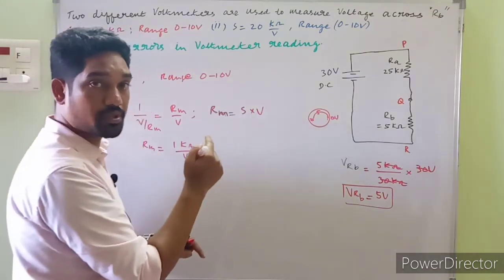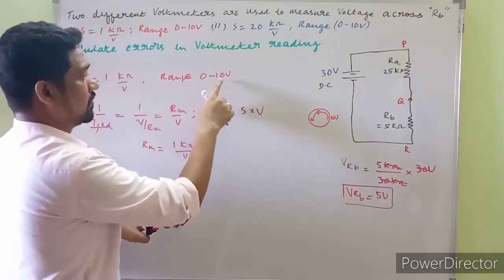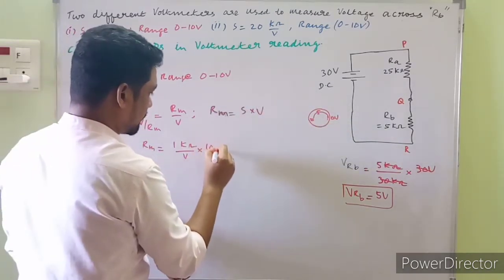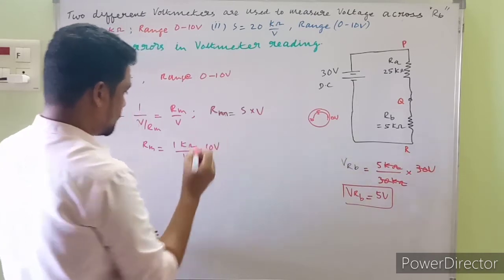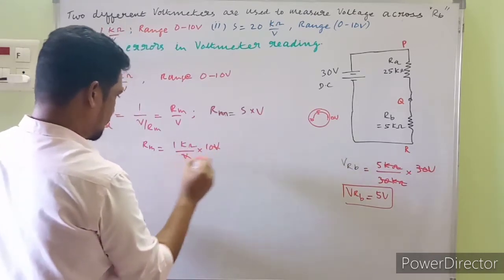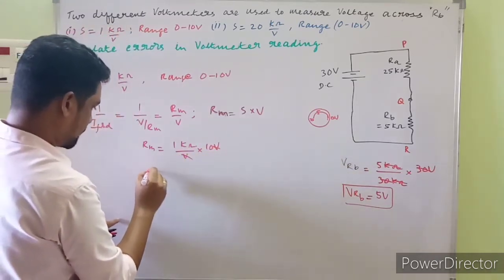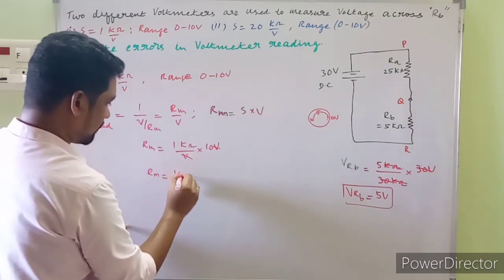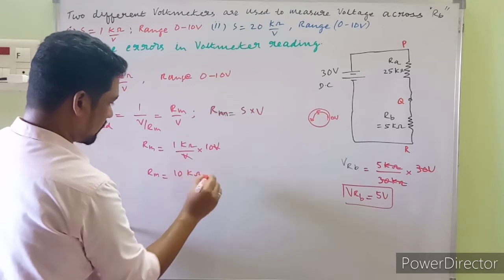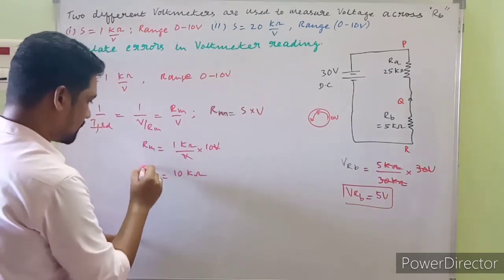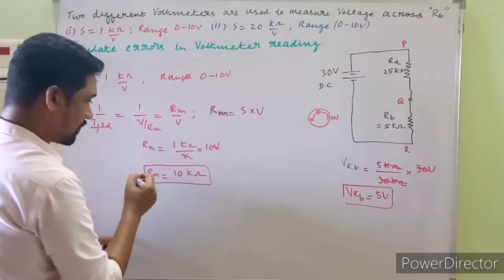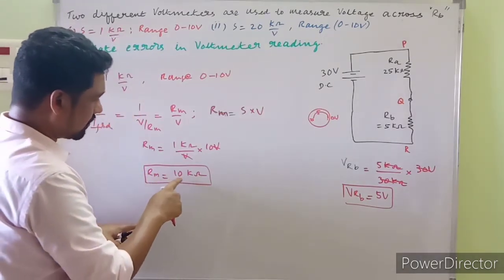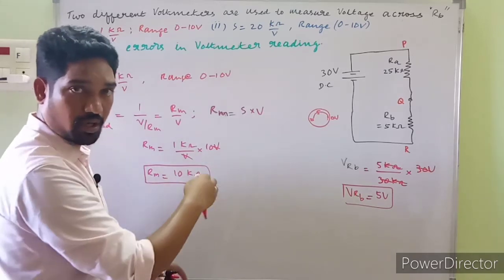What value comes into the picture over here? The maximum value, 10 volts. Volts gets cancelled, and Rm, the internal resistance of the basic meter, will be 1 into 10, and kilo ohms are left over. This is the internal resistance of voltmeter 1: Rm equal to 10 kilo ohm.